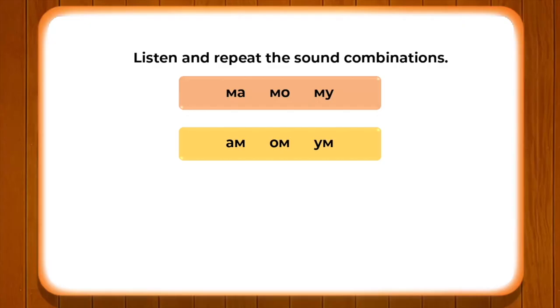Likewise, the combination of letter a and m is am, and letter o and letter m is om. Likewise, the letter u and letter m is um.